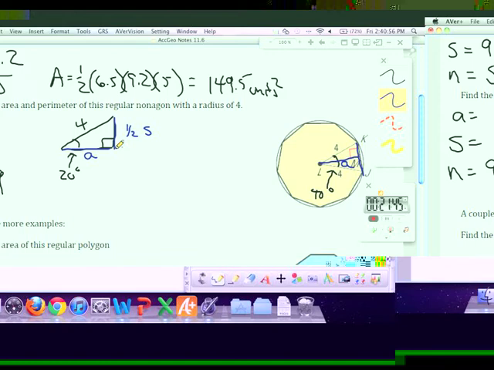So our plan of attack is: find the area of one triangle, then multiply by the number of triangles. That's our game plan.